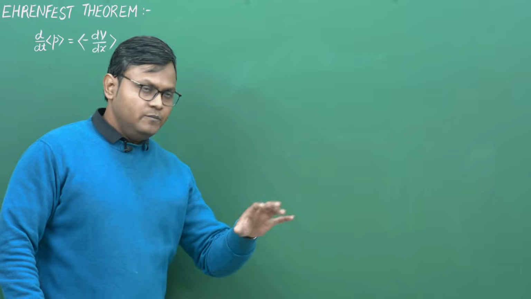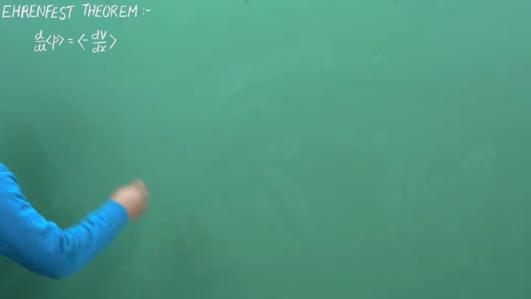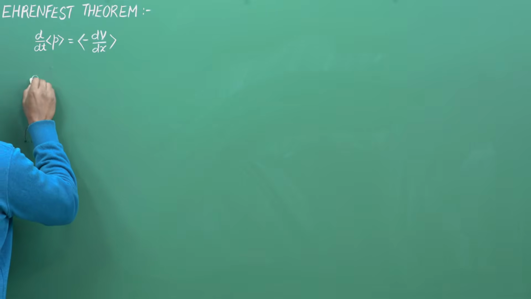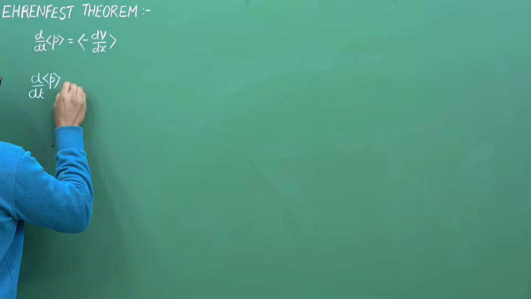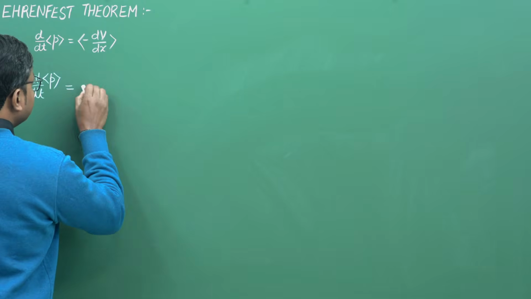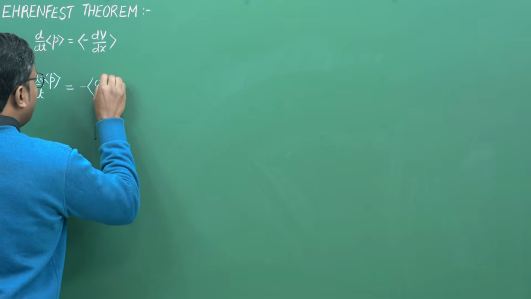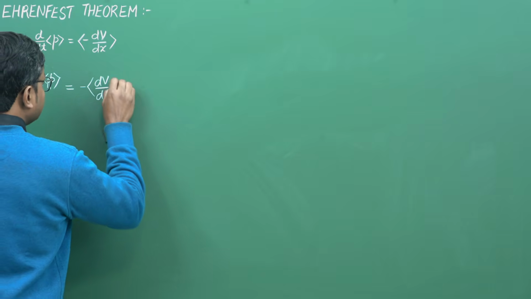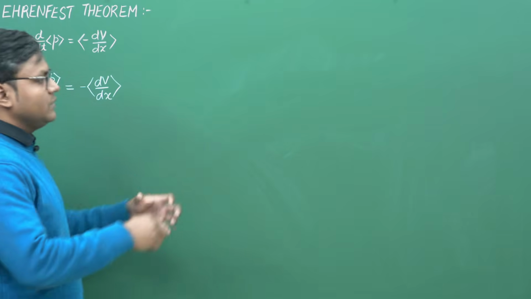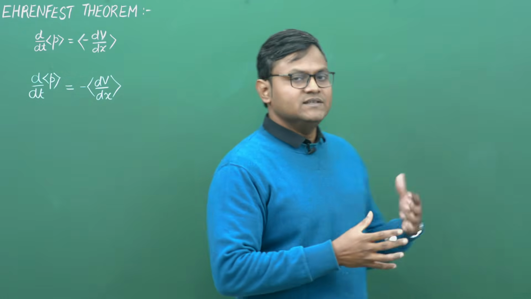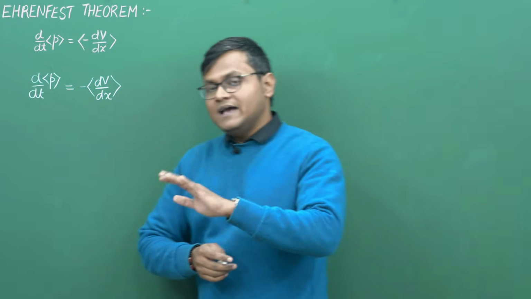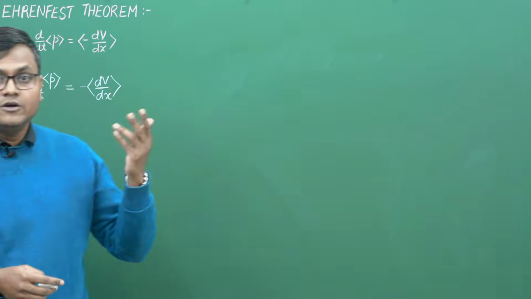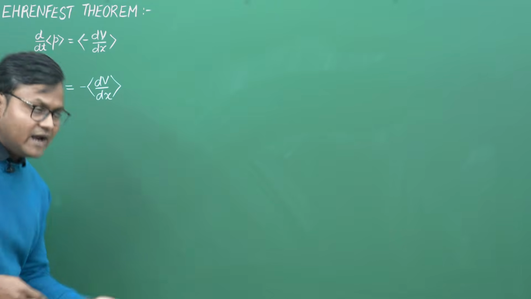So we have proved based on these earlier calculations that the time derivative of the expectation value of the momentum is equal to negative of the expectation value of the derivative of the potential with respect to x. Now keep in mind that for a very simplistic scenario of conservative forces, we can represent the force as a negative gradient of the potential.